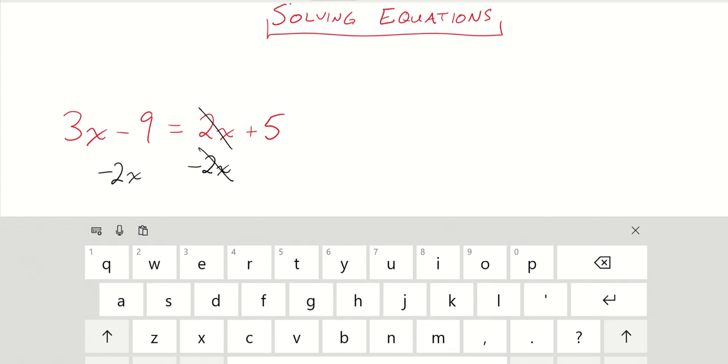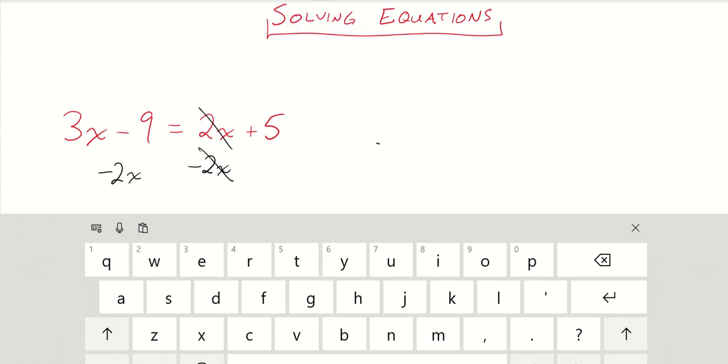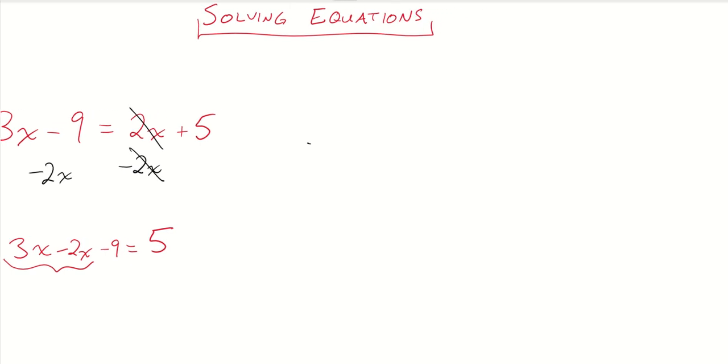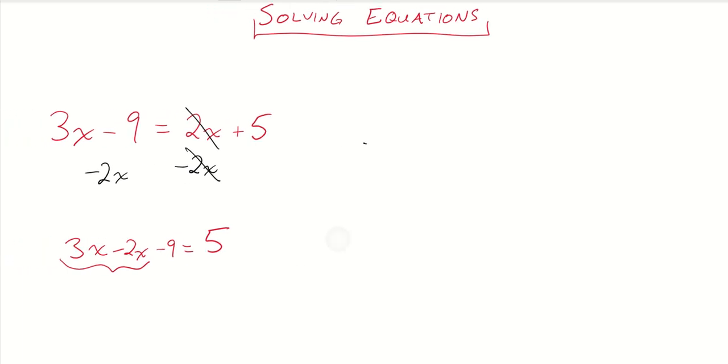All right, so now I have 3x minus 2x minus 9 equals what's on my right-hand side, 5. And now I can collect these two like terms. If I have 3 x's and then I take away 2 x's, how many x's do I have left over?